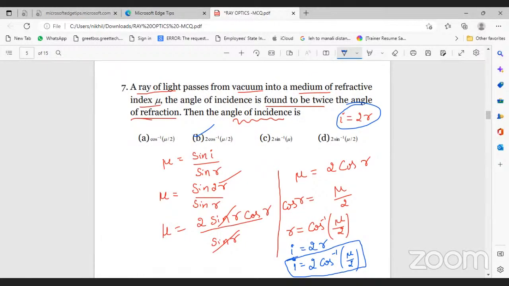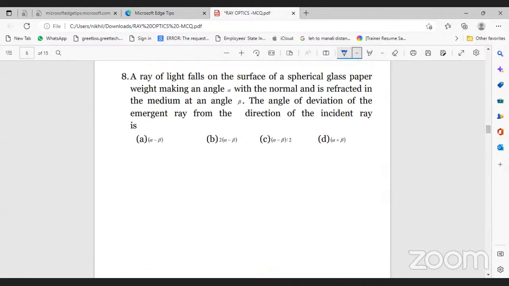Okay. Take up the next problem. Be very careful here. A ray of light is passing on the spherical glass paper. It makes what angle? Alpha with the normal.